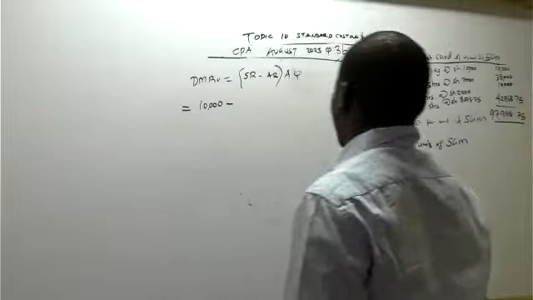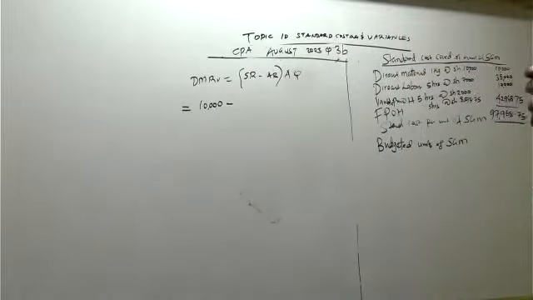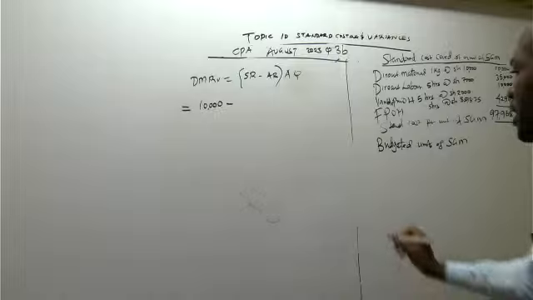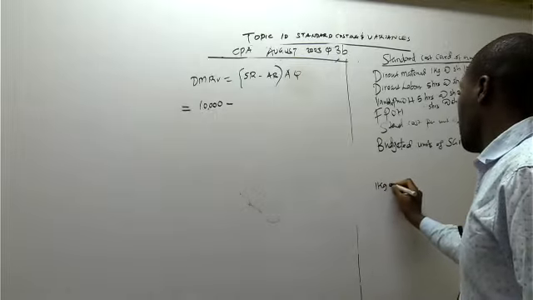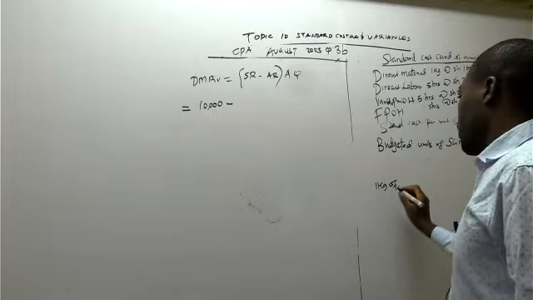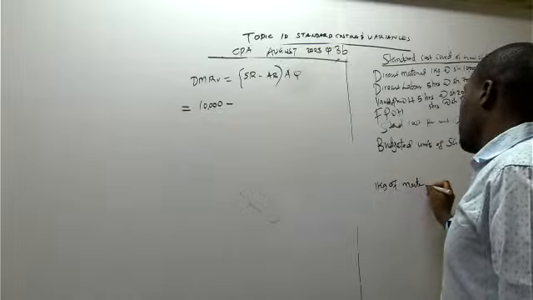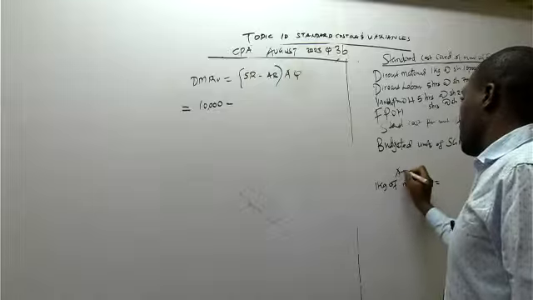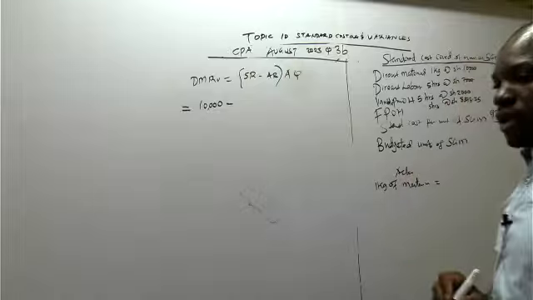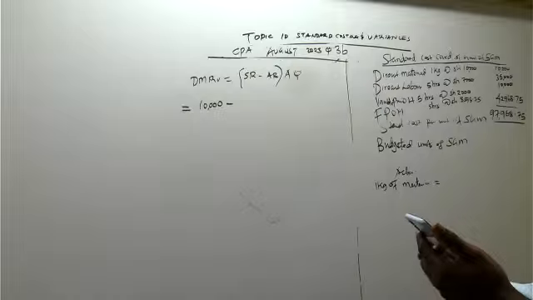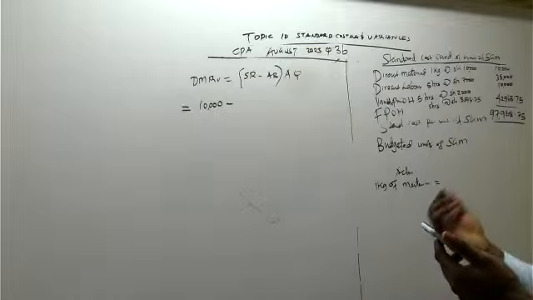Actual rate. What was the actual rate per unit of direct material? 1 kg of this material, give me actual. Actual rate ni ngapi? There is no way they are going to give you that directly.